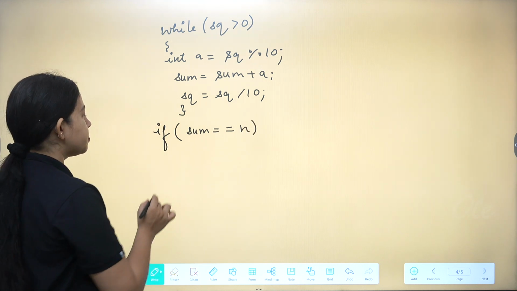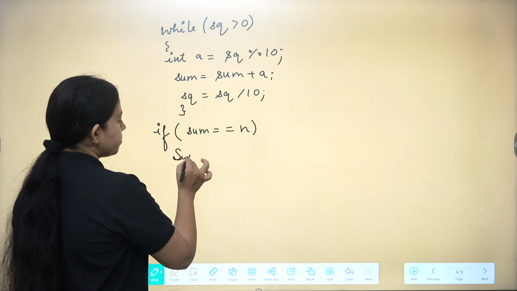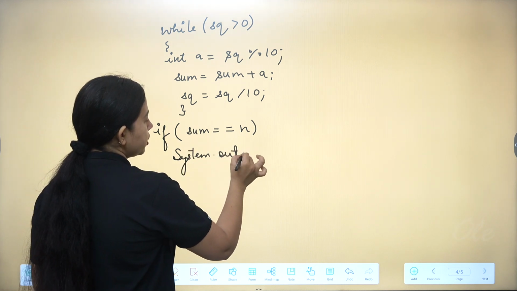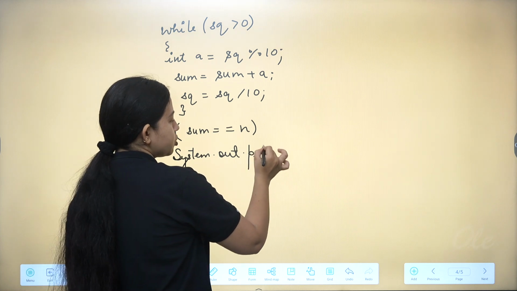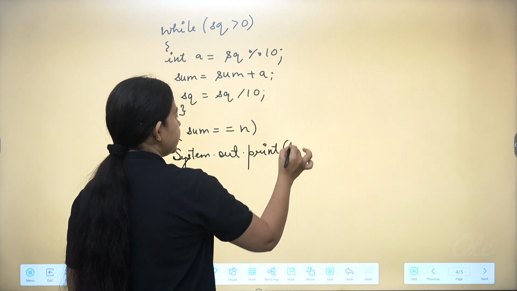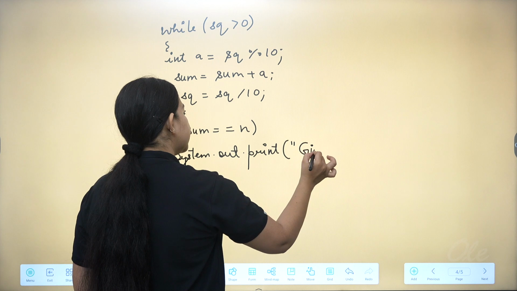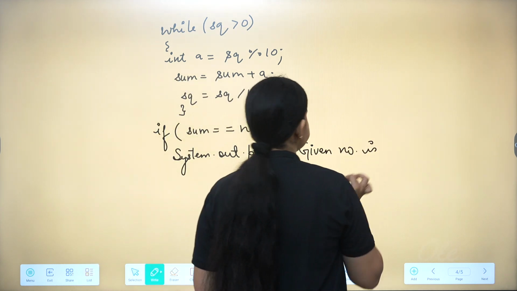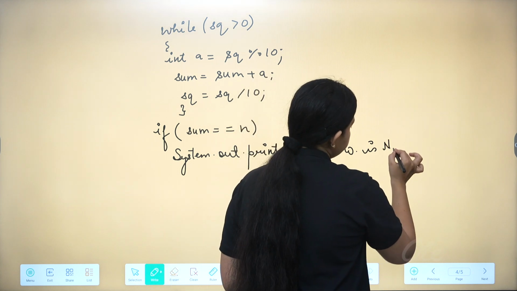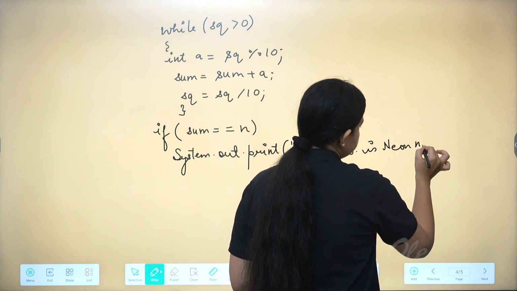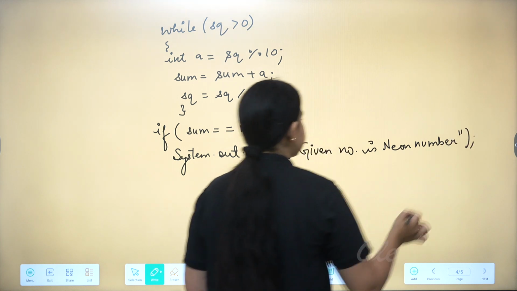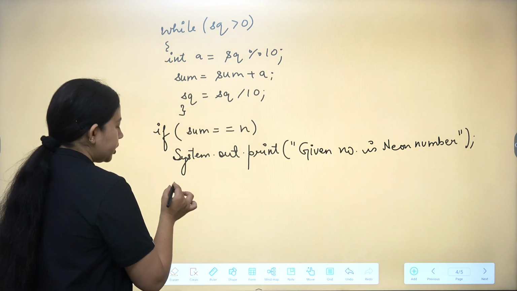If this condition holds, then you can simply give a message: System.out.print. ln is not required over here. In double quotes, write: given number is neon number. Is that clear? Given number is neon number. That's it. Terminate that line with the semicolon.